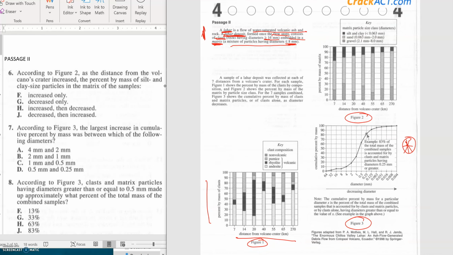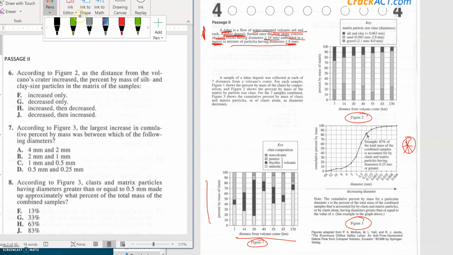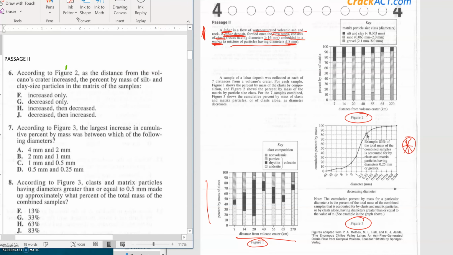All right, so we come over to the left-hand side, and we're looking at question 6. According to figure 2. Since this is the first question, I do this step by step. So according to figure 2, that's going to be step 1 is finding, I need a pen. Step 1 will be finding figure 2.